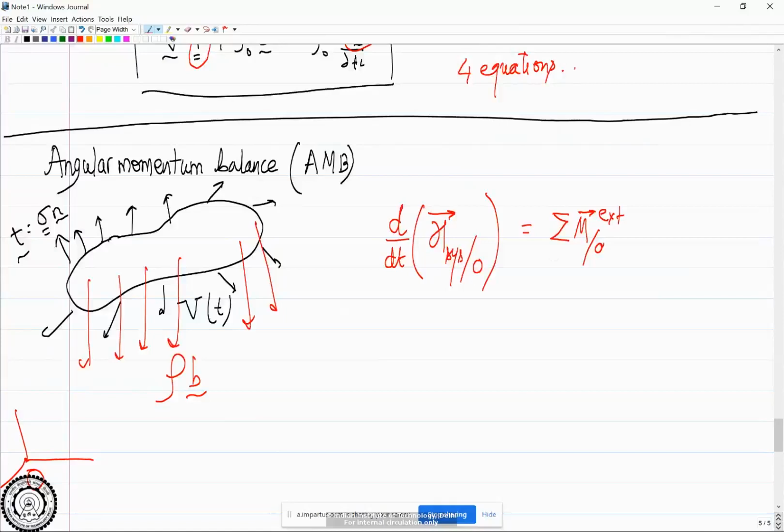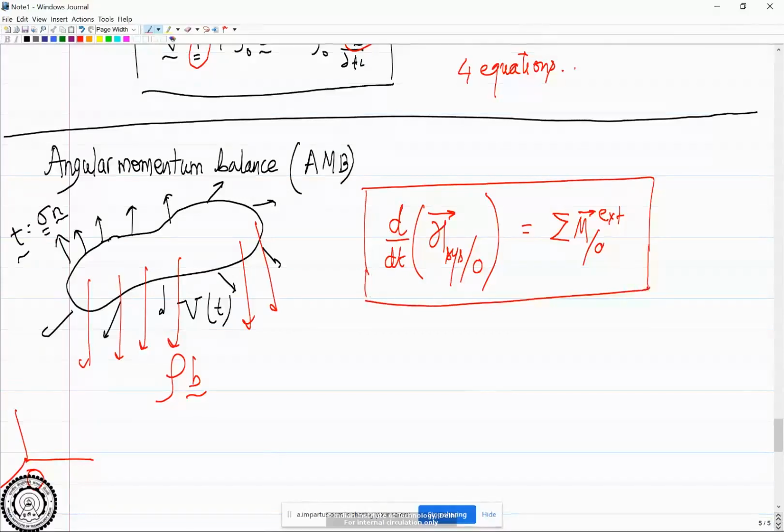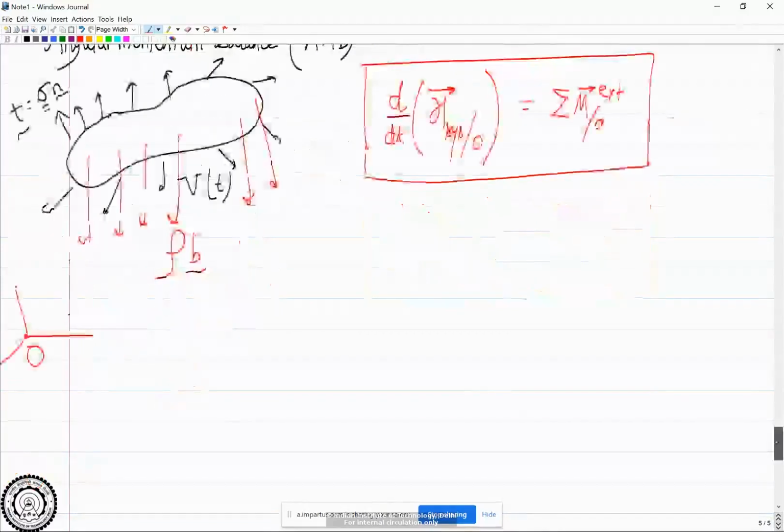But here we will say that O is stationary, so we have the simplest form of angular momentum balance equation to work with. Moment of inertia will come into the picture. That's also going to come into the picture, obviously. Now, this is really difficult, I have to tell you.